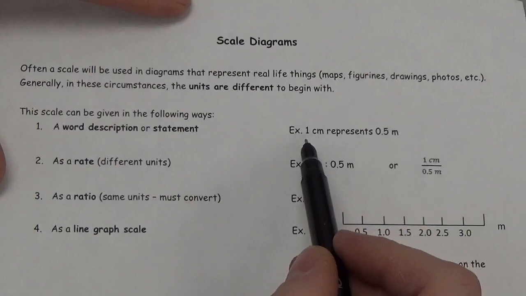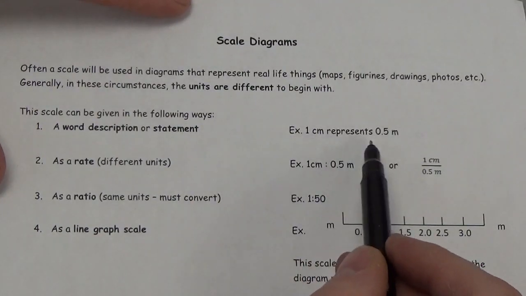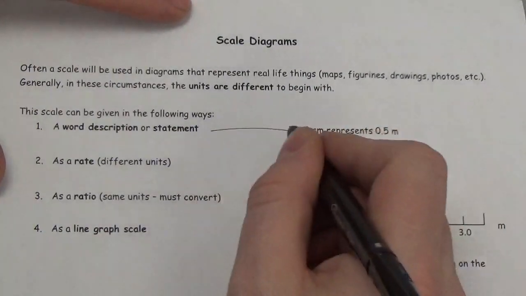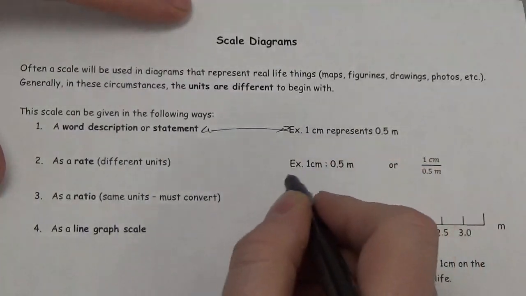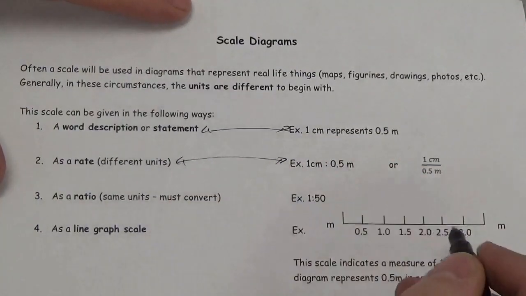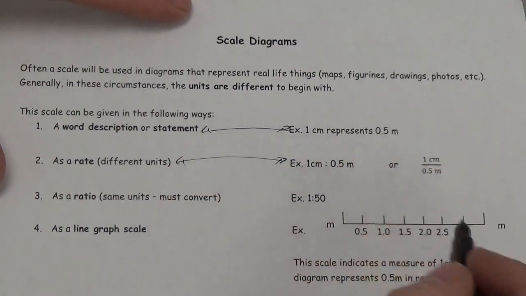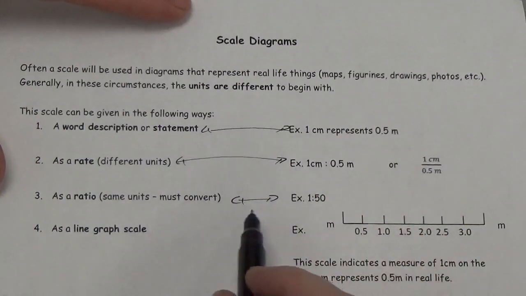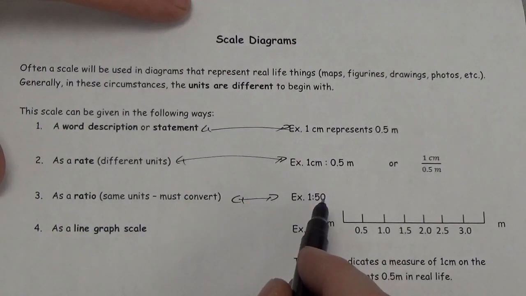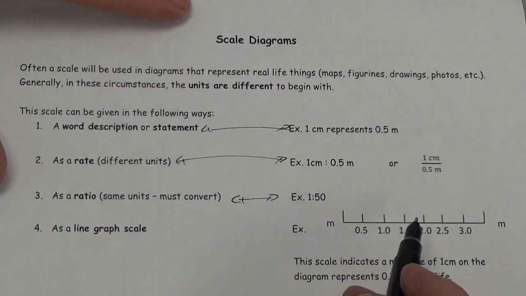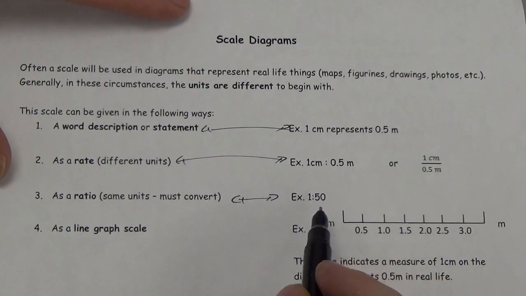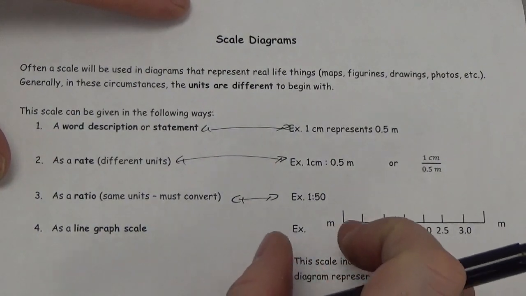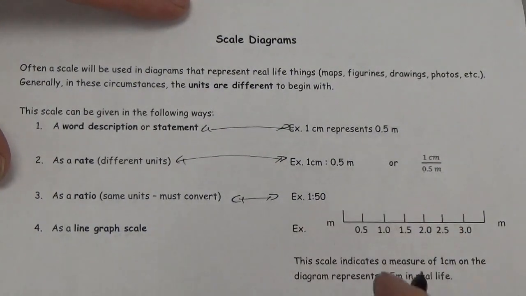So just an example here. 1 centimeter represents 0.5 meters, right? Or 1 centimeter per 0.5 meters, kind of as a rate. Or as a ratio. Now, when you write it like this, remember you basically want them to be the same units, so that you're comparing apples to apples. It's a lot clearer.